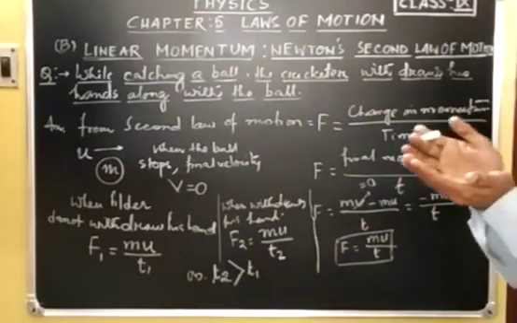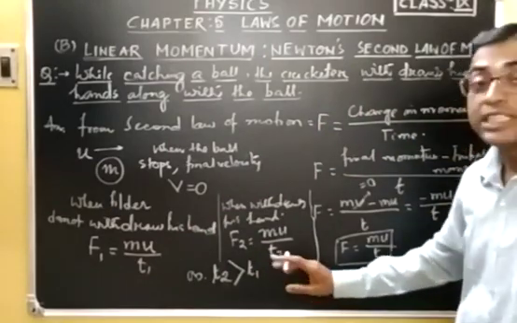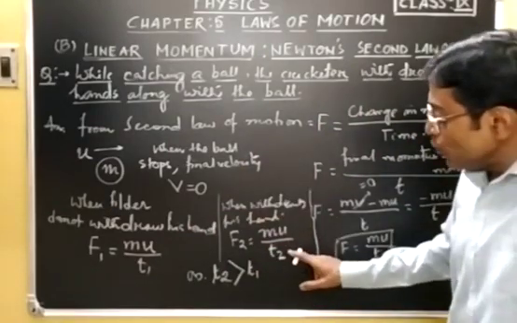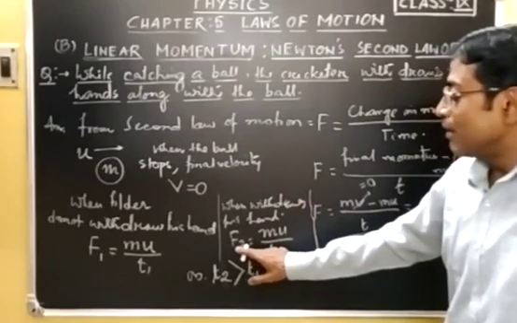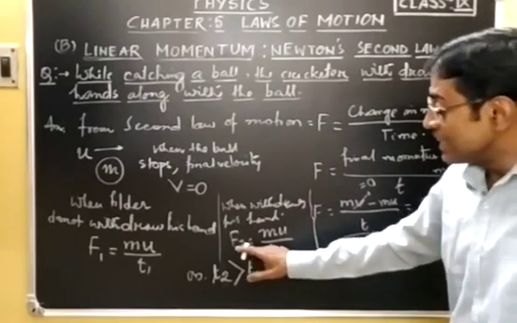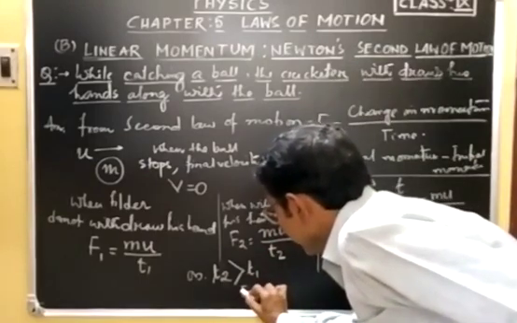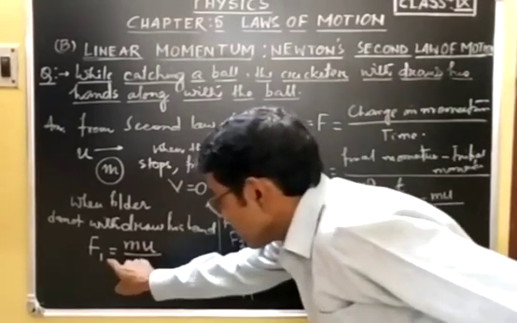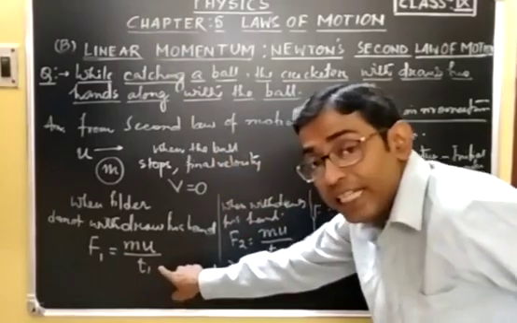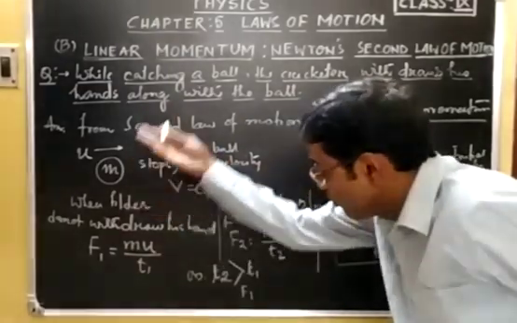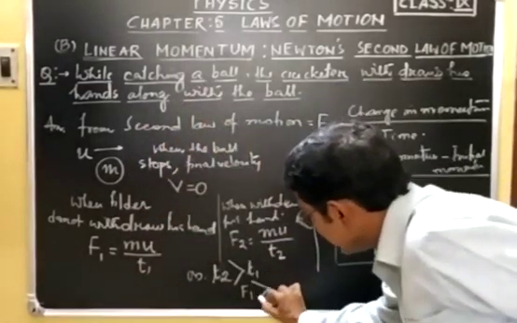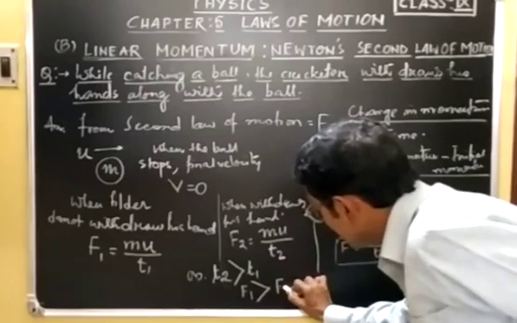Here he is pulling his hand backward, so t2 is greater. When t2 is greater, the force applied on the hand, that fraction, will be less. Because the denominator is smaller in the first case, the fraction is high. So F1 is greater than F2.